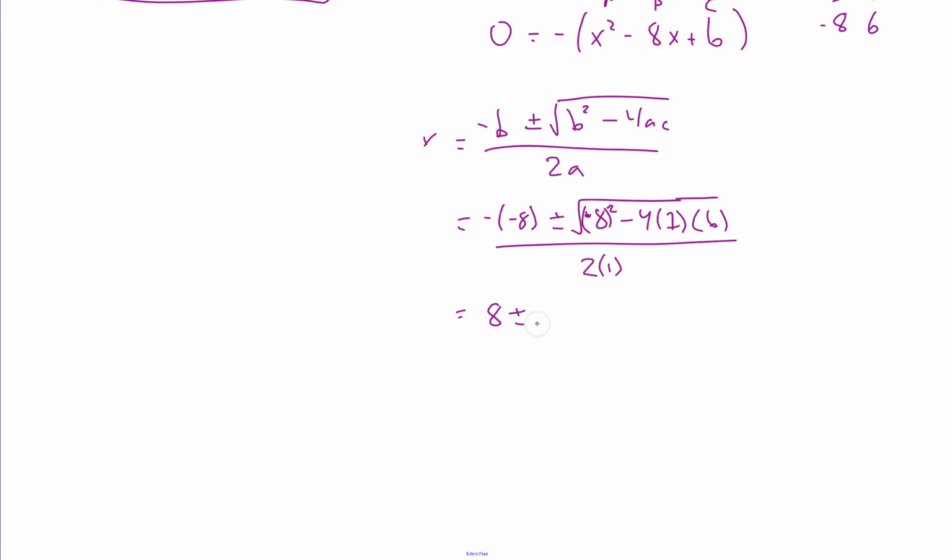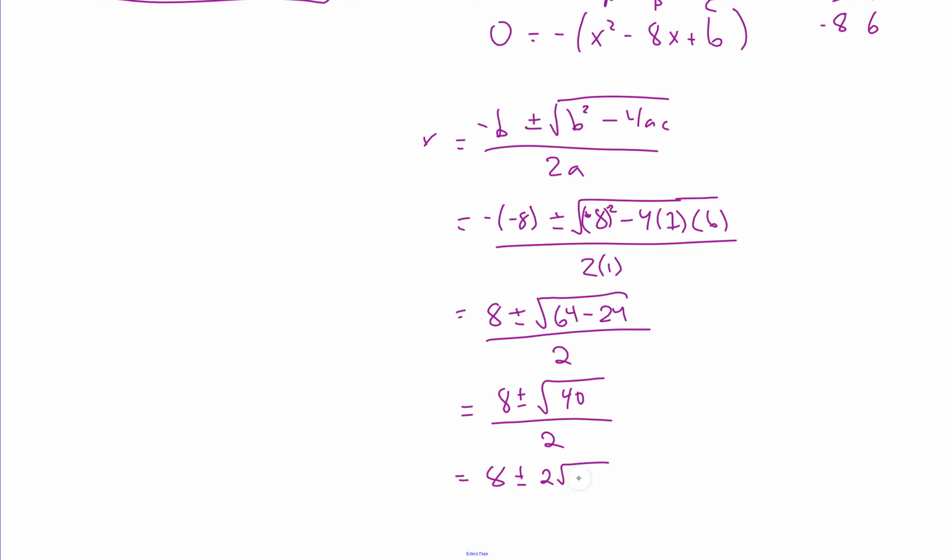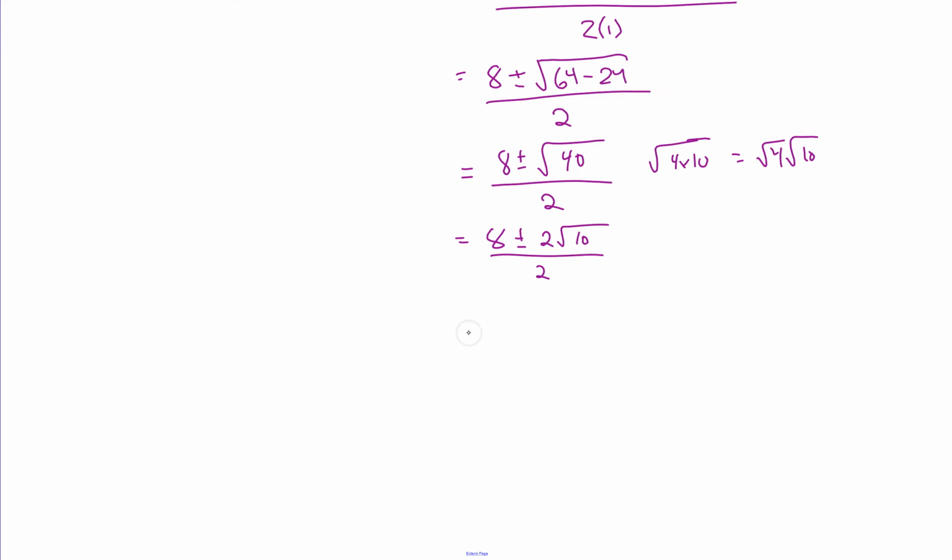So we have 8 plus or minus the square root of 64 minus 24, divided by 2, which is 8 plus or minus the square root of 40 divided by 2. So that could be written as 8 plus or minus 2 square root of 10, because we can rewrite 40 as 4 times 10, which is square root of 4 times square root of 10. Therefore, dividing by 2, we get 4 plus or minus the square root of 10 as our x's.